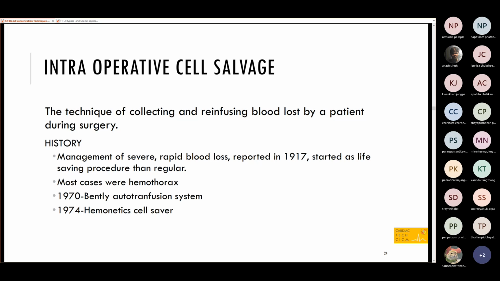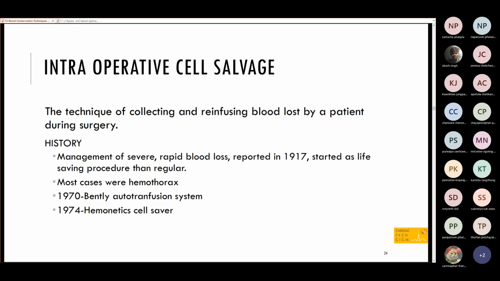So this technique that I said collects and reinfuses the blood lost by the patient during surgeries. It has a lot of history. The newer machines can also separate the blood components into only red blood cells, only platelets, or only plasma. It's a wonderful machine.